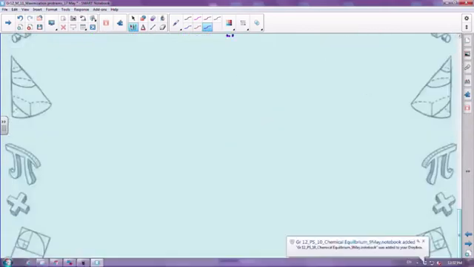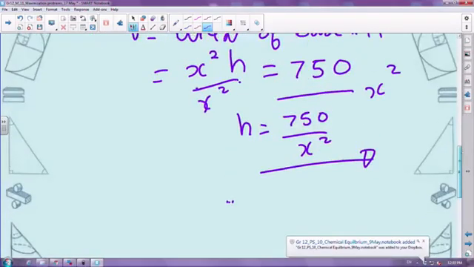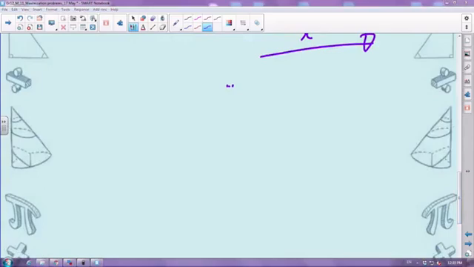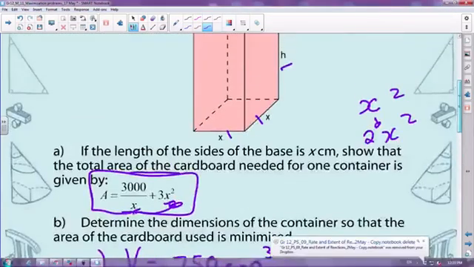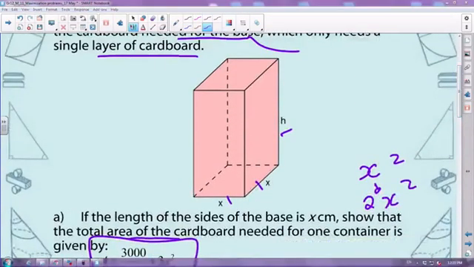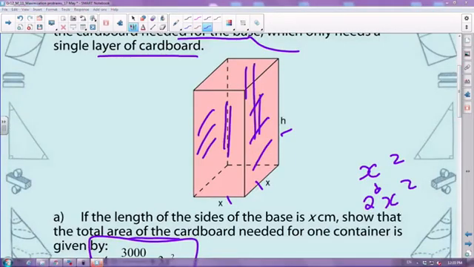All right. So to work out the total amount of material needed, we really need to work out the total surface area of the shape. And what we know is that in this shape, we've got 4 sides, as you can see. So we've got 4 side shapes, and there's the back and the front, and those are all the same measurement.